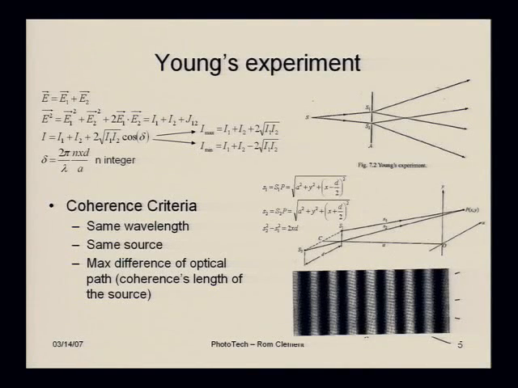The sources S1 and S2 seem to be different, on the right side of the drawing, but they're actually coming from the same source S. It is related to the notion of coherence length of the source, but again, I won't talk in too much detail about that.